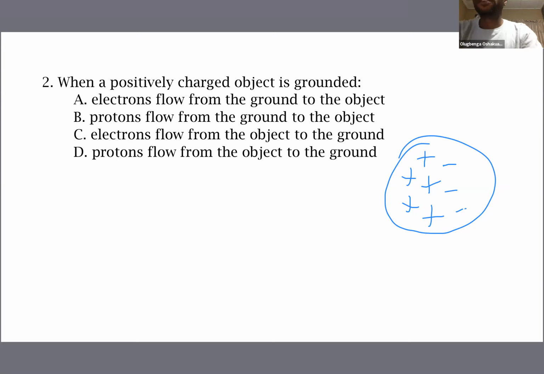When a positively charged object is grounded, what happens? Let's look at it also from the last option. Protons flow from the object to the ground. Yes, positively charged protons, will they flow to the ground?